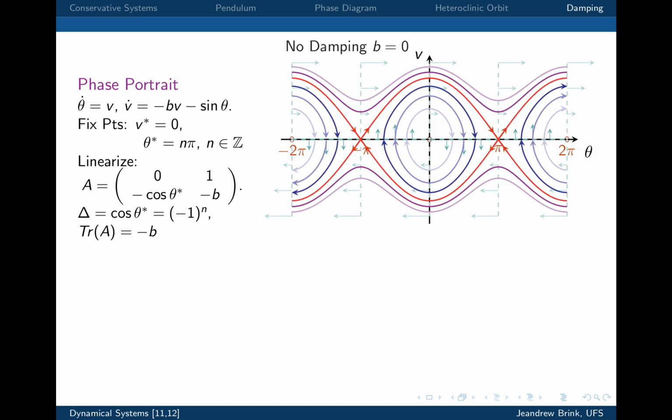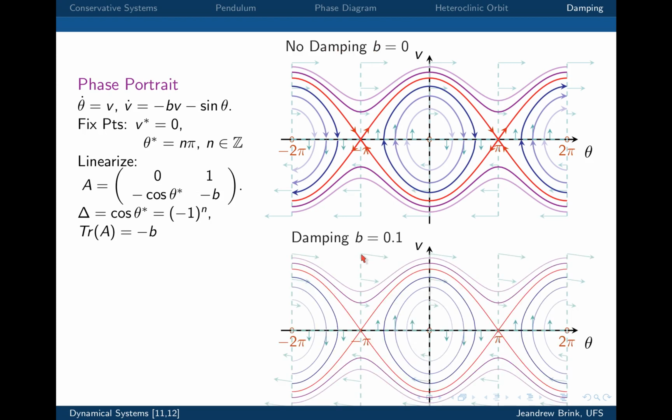Let me remind you, this is the one that we just derived in painful detail in the previous slide for the conservative system, the b equals 0 case. What I now want to do is use that to plot the solution for the damping case where b equals 0.1.